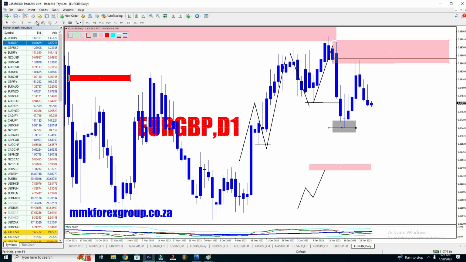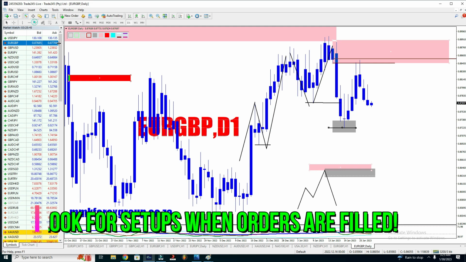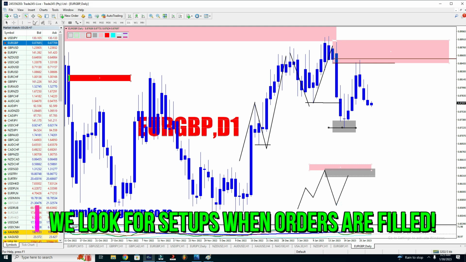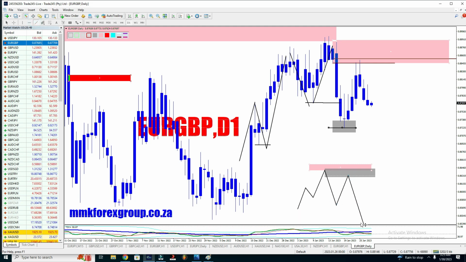If this is your low right there, and price breaks that structure, price will come back to fill those orders. So this is a return to order block, and we continue going to the downside, and that's exactly what we had right here.